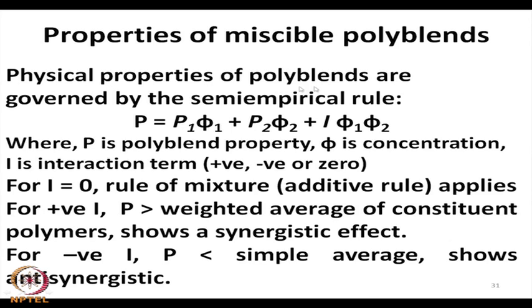Now, these physical properties of polyblends can be semi-empirically governed by this equation: P is equal to P1 phi 1 plus P2 phi 2 plus I phi 1 phi 2.